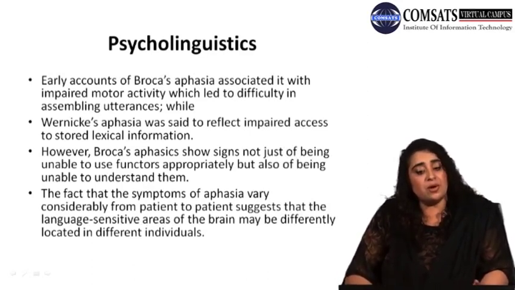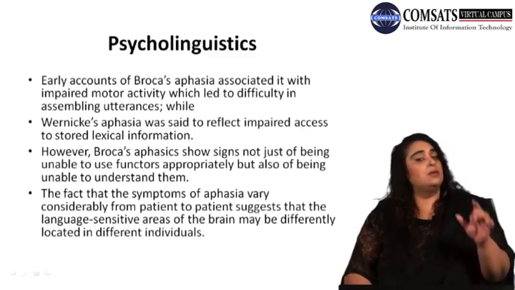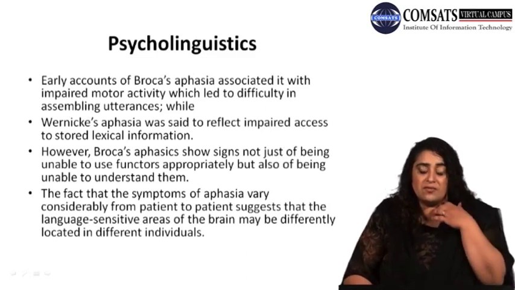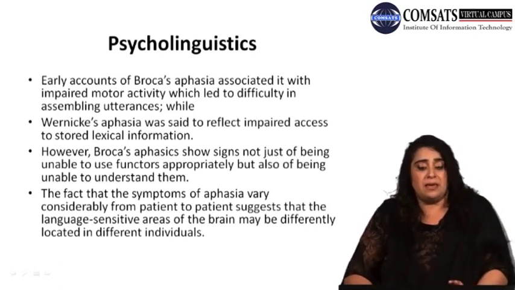However, Broca's aphasiacs show signs not just of being unable to use functors appropriately, but also of being unable to understand them. So people suffering from Broca's aphasia show difficulty not only in producing a sentence but also in understanding it.